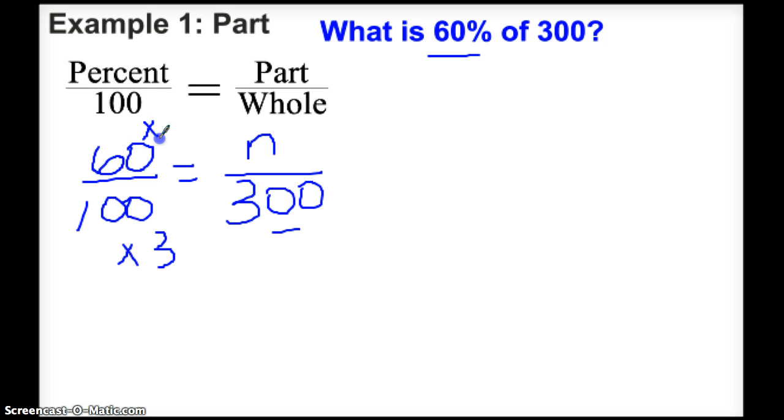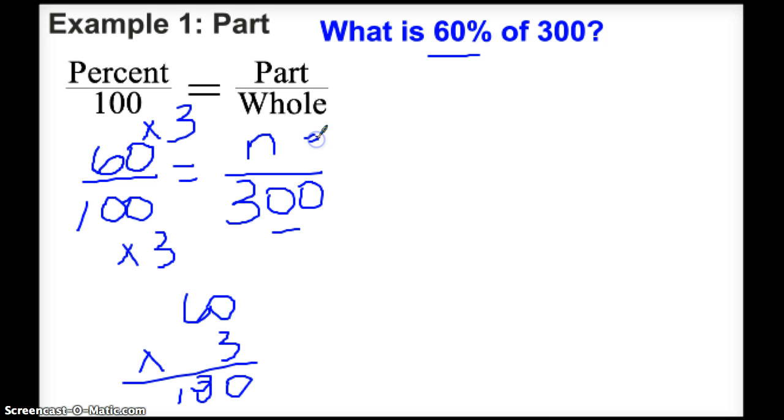So in order to keep it equivalent, I can multiply 60 times 3 to get the value of n. So 60 times 3: 3 times 0 is 0, 3 times 6 is 18. So the value of n is 180. So that's one way that we can solve this problem.